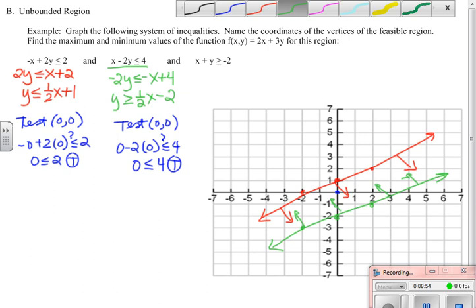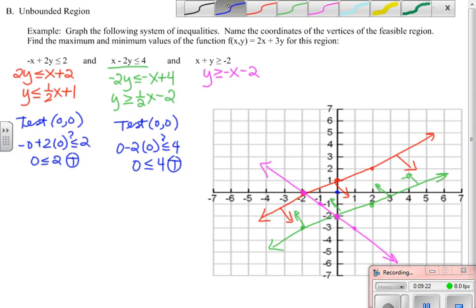So even though I have parallel lines here, I would have a solution set. Now I need to figure out where this last line is going to cut through. Y-intercept form, very simple subtracting of x from both sides. Y-intercept is at negative 2, up 1, left 1, down 1, left 1, greater than or equal to, a solid line.